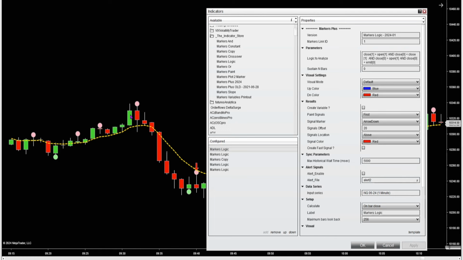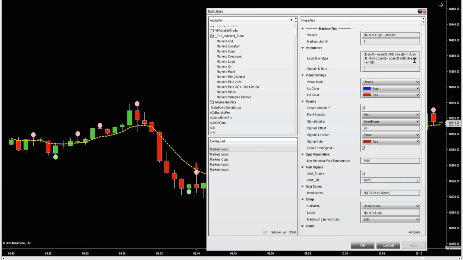And we want it to be within the body of this first candle, so we also want the close of the current bar to be greater than the open of the first bar, 1 bar ago. And this is for the arrow signals here.